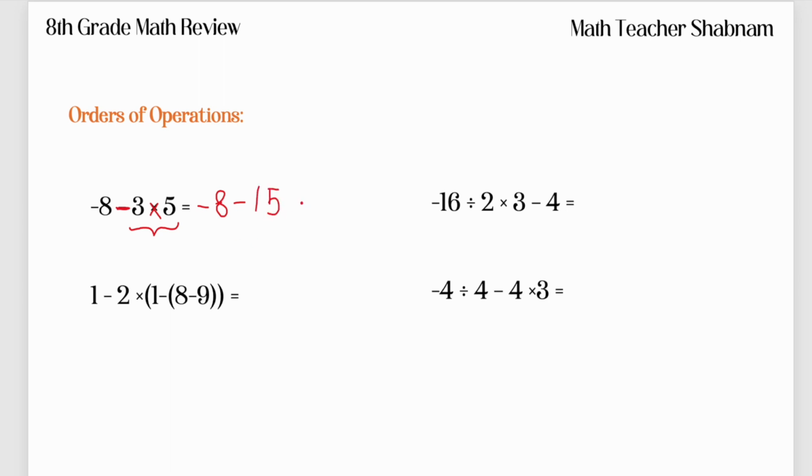Now, we could count and add these two, or we could basically take a look at this. -8 minus 2 and minus 13. We know that these two are a -10, another -13, and that's -23.